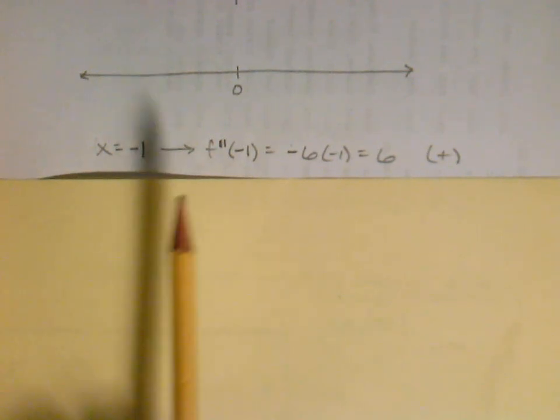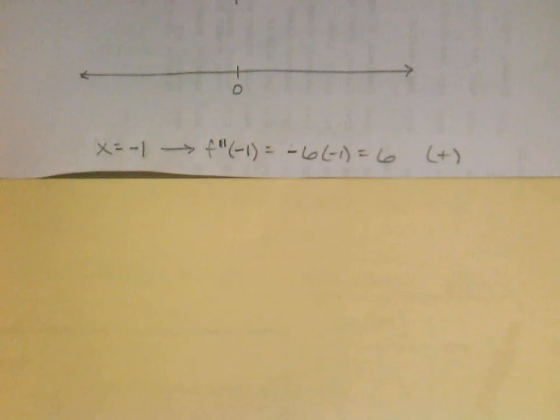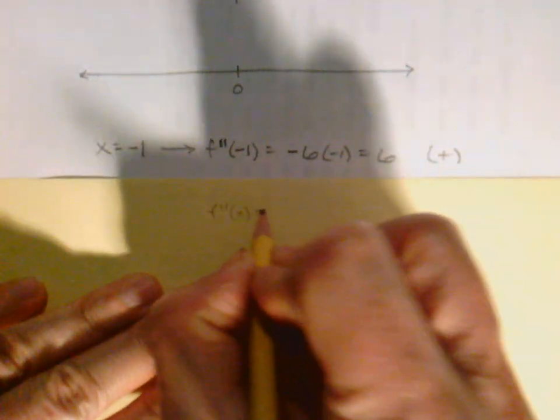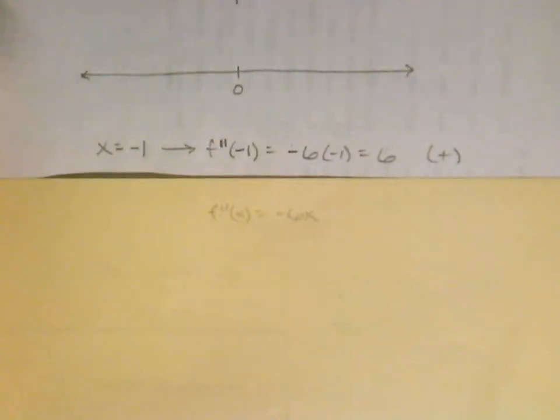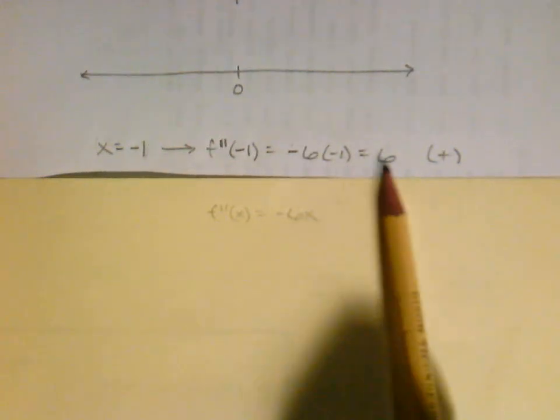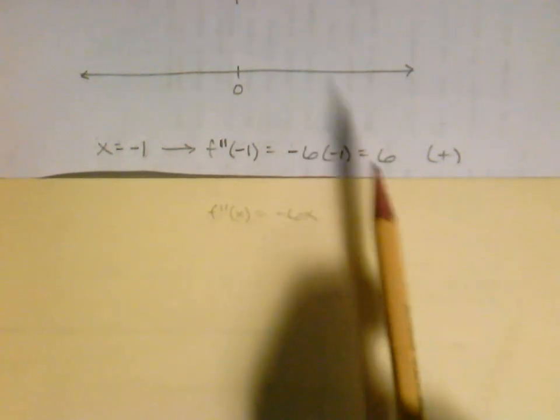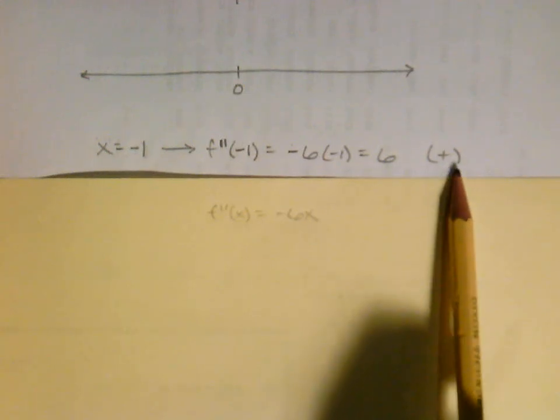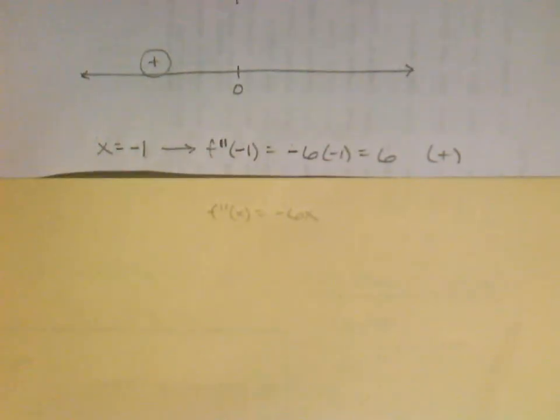So I'll put that into the second derivative, which was just negative 6x, right? So plugging in negative 1 gives me positive 6. And just like before in the other test, I don't care about the number itself, just the fact that it's positive. So then I'm going to go back and put a big plus sign right there.